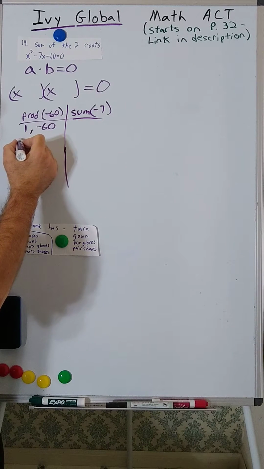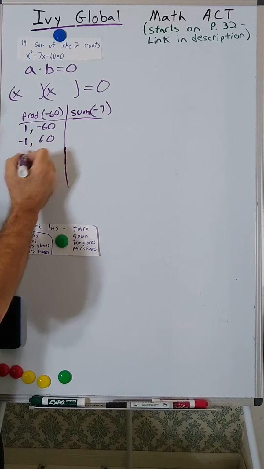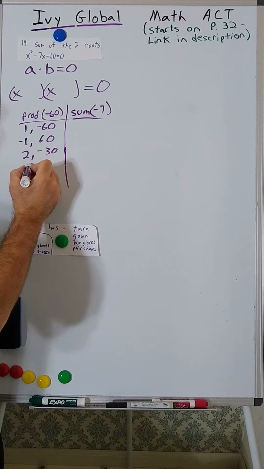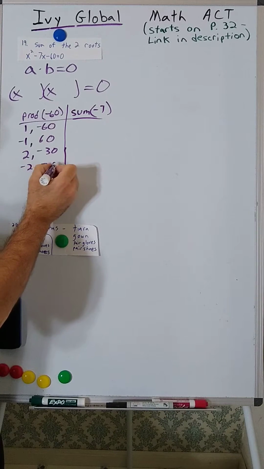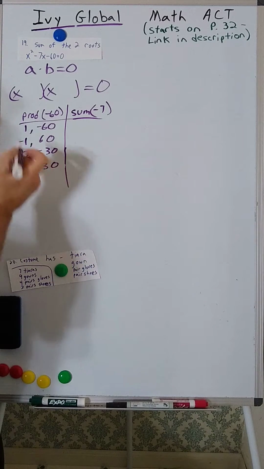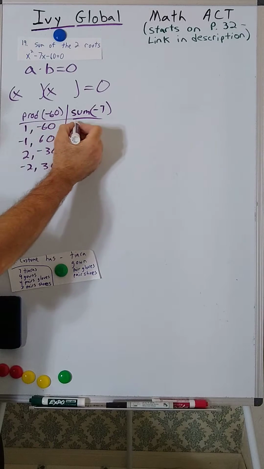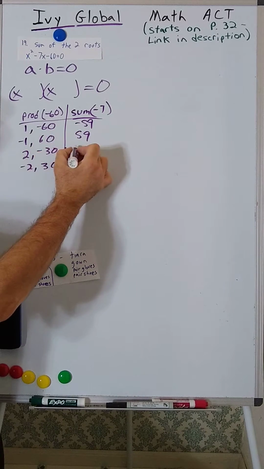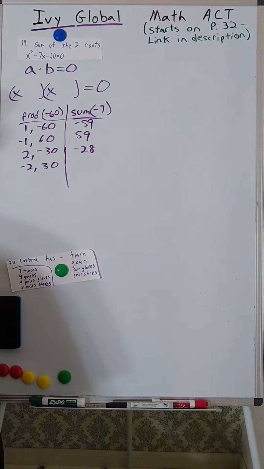Okay, a systematic way of doing this, I could go, well, let's see, 1 times negative 60 is negative 60, negative 1 times 60, 2 times negative 30, negative 2 times 30. So let's see what these sums are. Well, this sum is negative 59, this is 59, the sum of these two is negative 28.